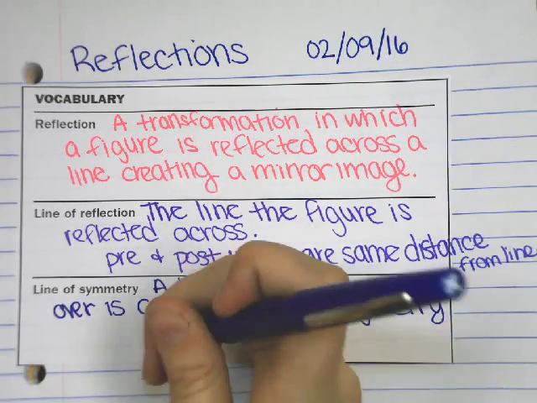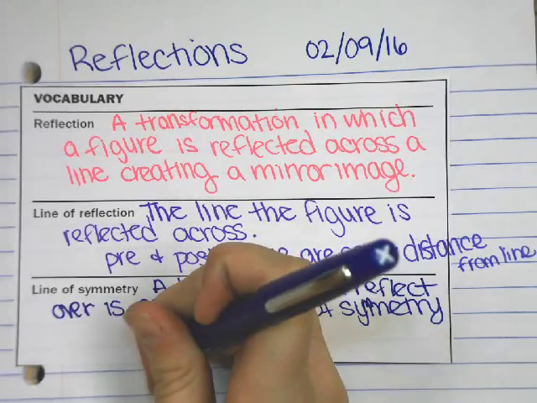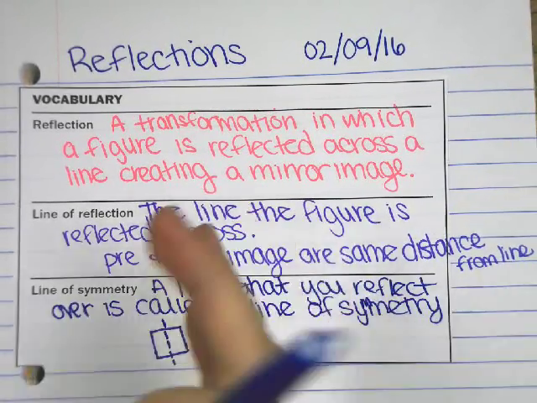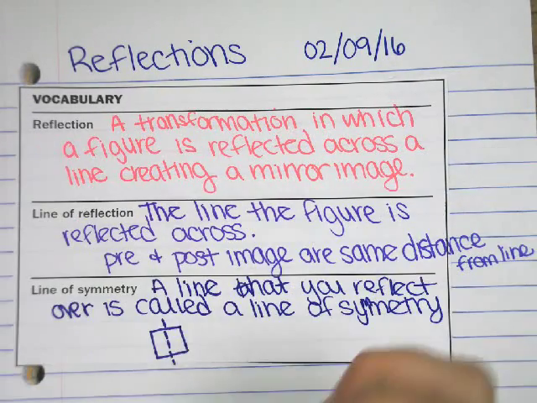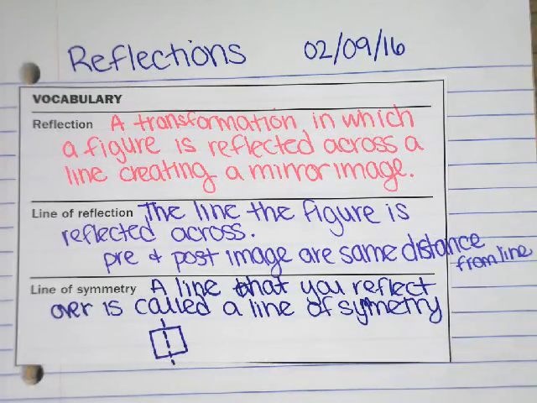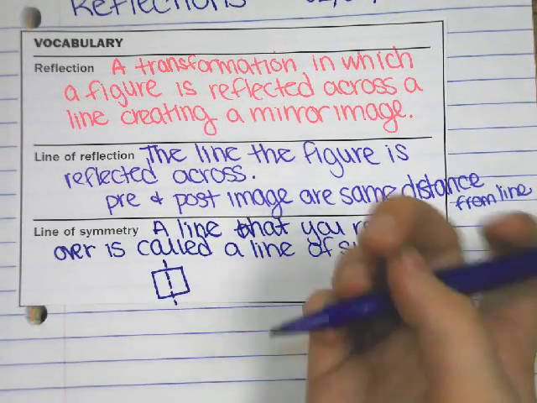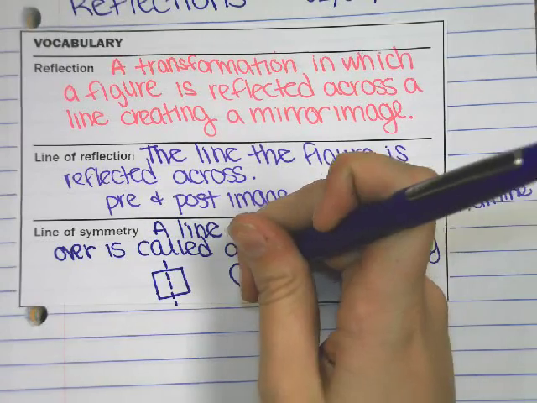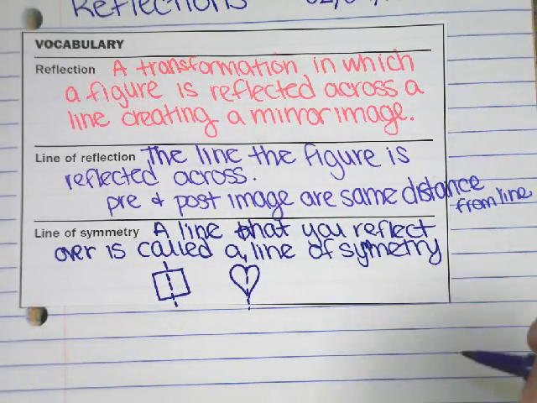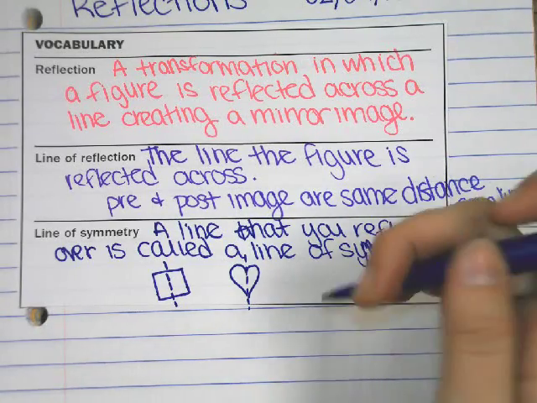The idea is that whenever you draw this line, so if I draw a shape here, like a square, if I draw a line like this, we can kind of fold this shape up on that line, and it's the same on both sides. Okay, you're able to kind of fold along that line, and you get the same image on both sides. Like if we took a heart, you could draw a line down it like this, and if you folded it up, it would match up on both sides.